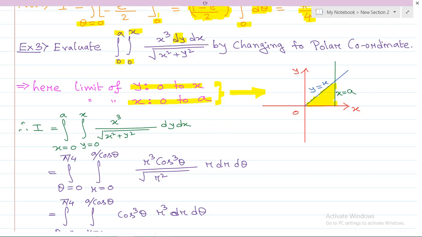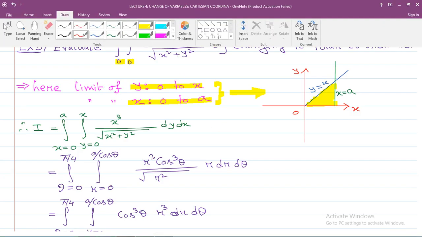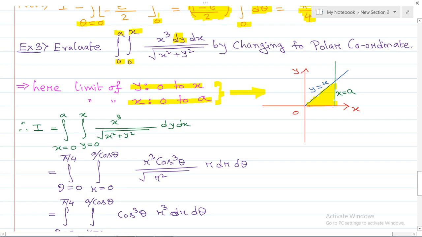Now how to get the values of r and theta? Likewise as we have done earlier, we just draw a straight line up to y equals x, and you can identify the value of theta. Theta is going from 0 to pi by 4, because y equals x makes a 45-degree angle with the positive x axis.